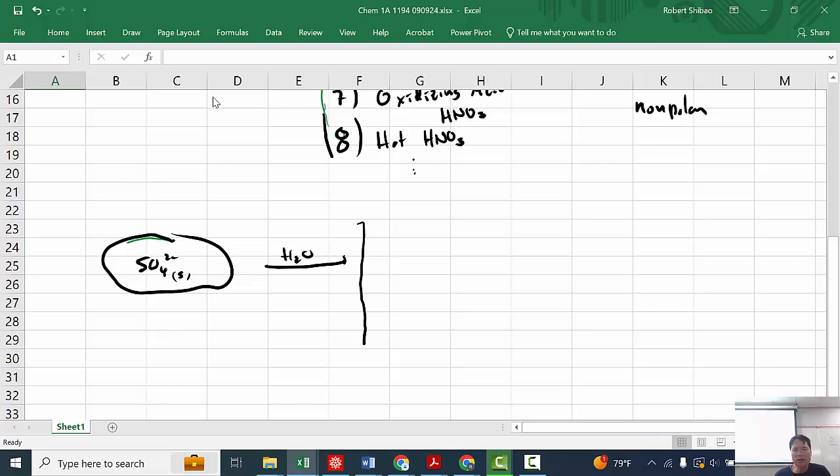And when we have a sulfate salt, sulfate salts are soluble, except for which ones?